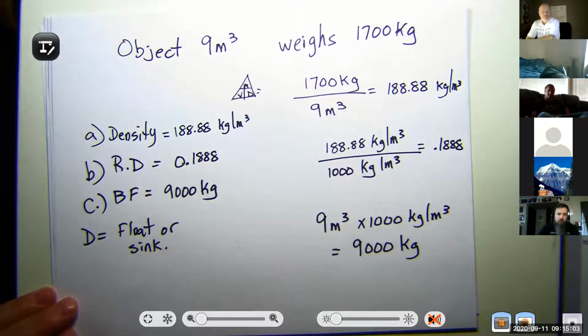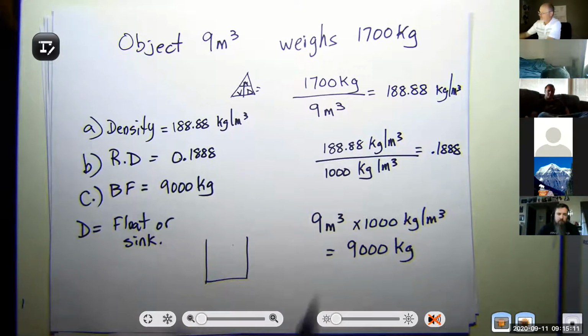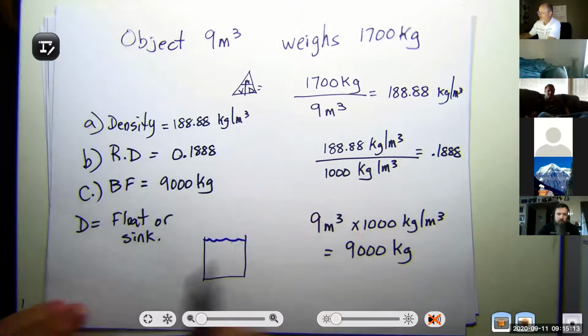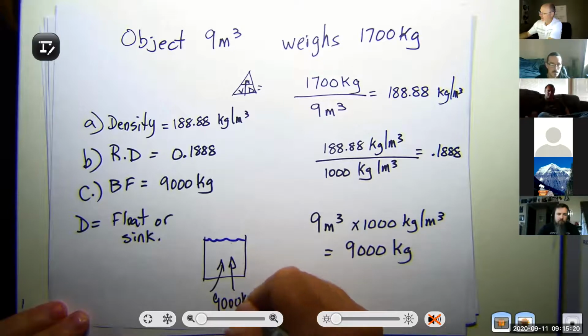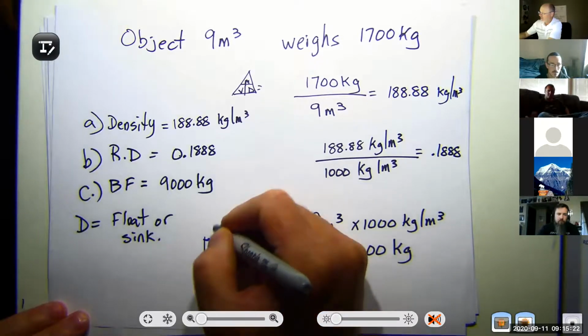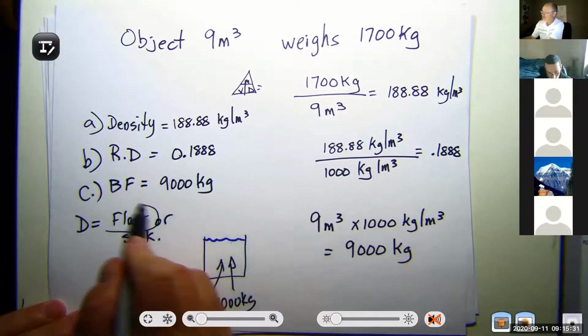So that object weighs 1,700 kilograms. So I'm going to submerge this object in the water, and it has a buoyant force of 9,000 kg, but it only weighs 1,700 kg. Is it going to sink or float? It's going to float.